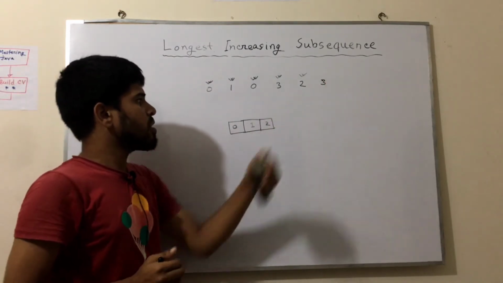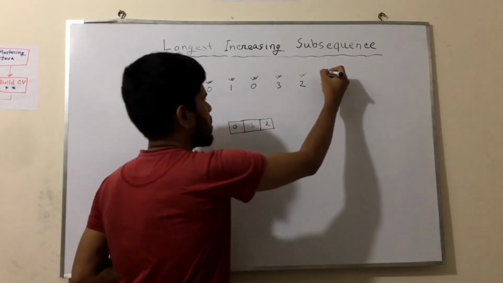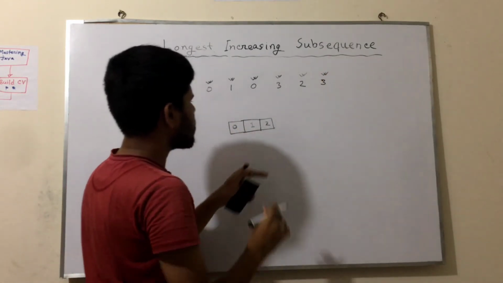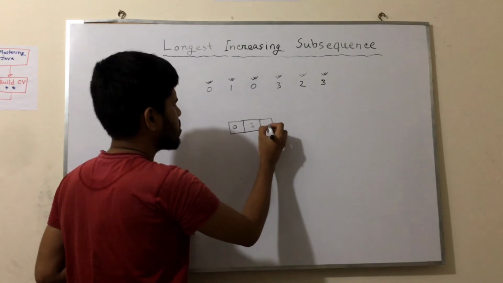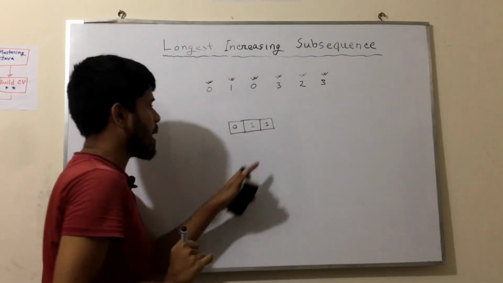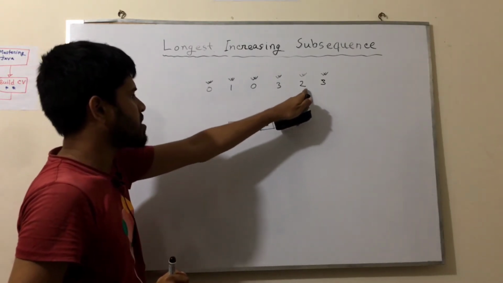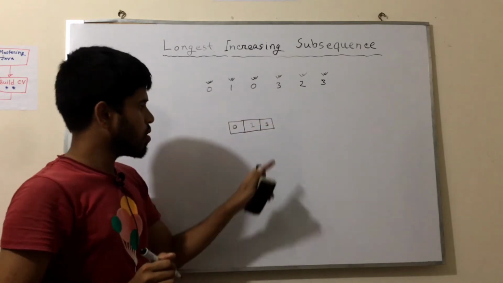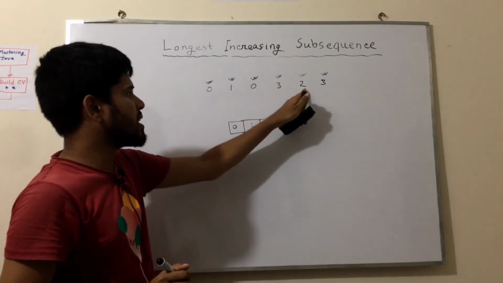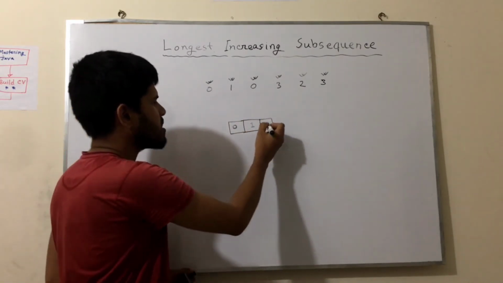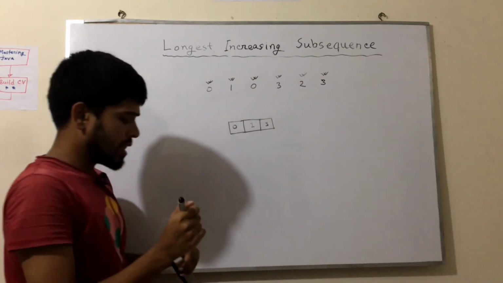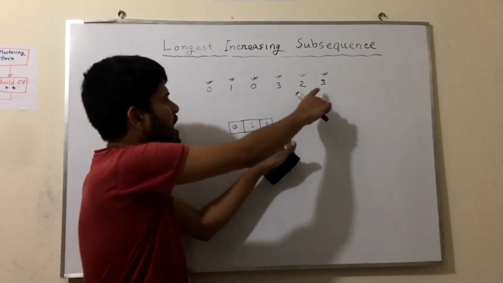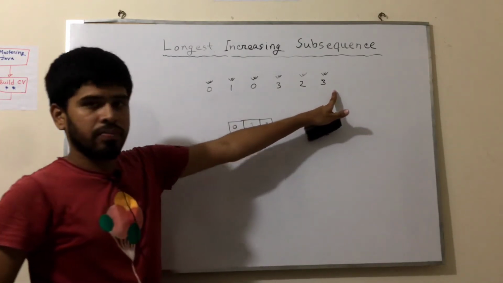Okay, this is our core intuition. Now let's move to the next element, which is 3. If we do not update this 3 with the immediate next of 2, with this value 2, then on the right we cannot add this element 3.